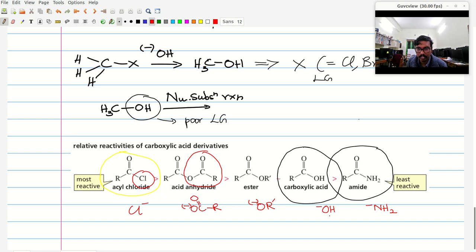We know that these are strong bases, and hence they are poor leaving groups. Why? Because we have seen that strong bases are poor leaving groups, and hence these are least reactive.